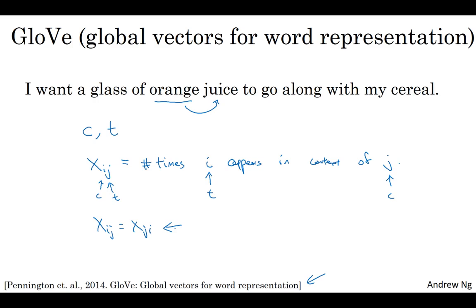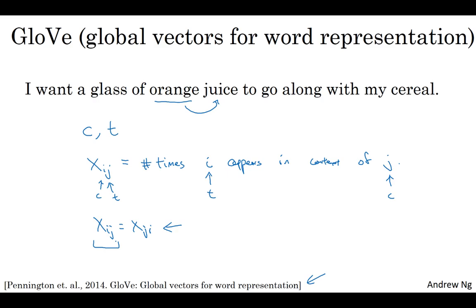But for the purposes of the GloVe algorithm, we can define context and target as whether or not the two words appear in close proximity, say within plus or minus 10 words of each other. So X_ij is a count that captures how often do words i and j appear with each other, or close to each other.